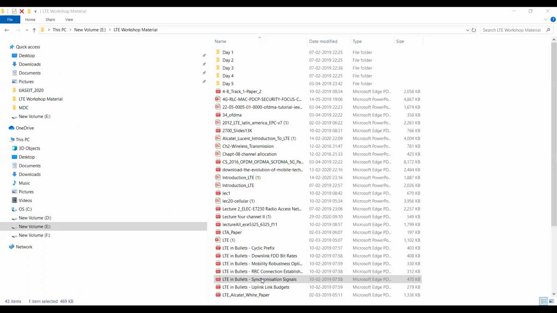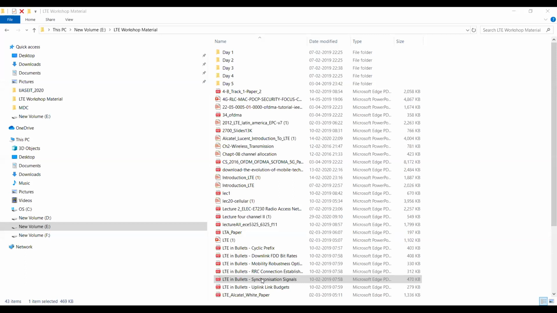I hope it is visible? What I was telling about the secondary synchronization signal, now with this diagram, the timing of the synchronization signal. I think this will give you a better picture than just saying in words, I feel.